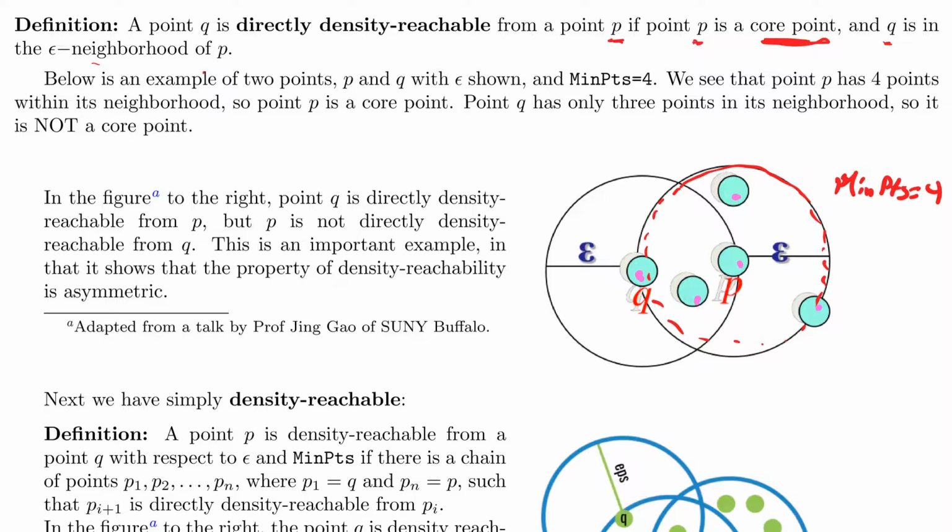Now point Q has how many points within its epsilon neighborhood? 1, 2, 3. Therefore Q is not a core point, so Q is a border point. We would say that point Q is directly reachable from P. Point Q is reachable from P.